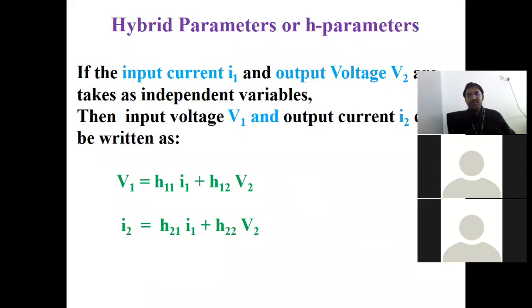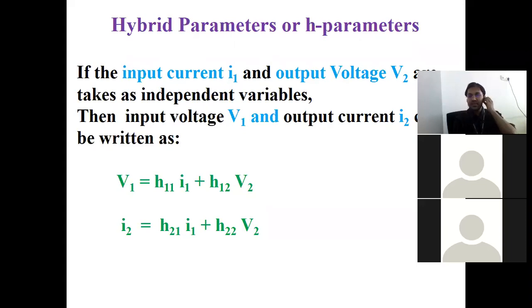Very good. And what is 0? I1 equal to 0. Okay, H12 is V1 by V2 when I1 is 0. Very good. Next, what is H21? I2 by I1, when V2 is 0. Very good. What is H22?